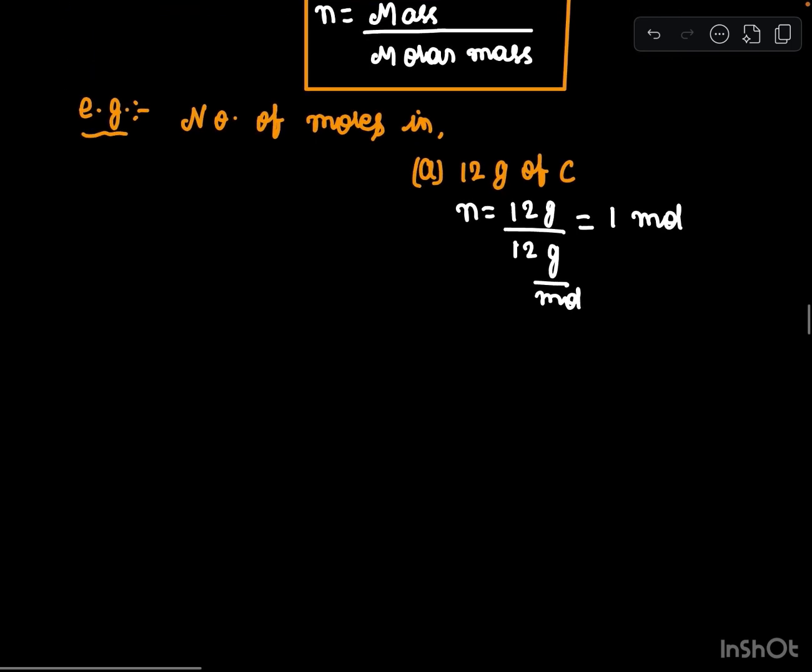Another example. If we have to calculate, let's say, the number of moles in 64 gram of oxygen molecule. Now it's a molecule. At first we dealt with the carbon atom. Now we are dealing with a molecule. So here number of moles equals mass by molecular mass.